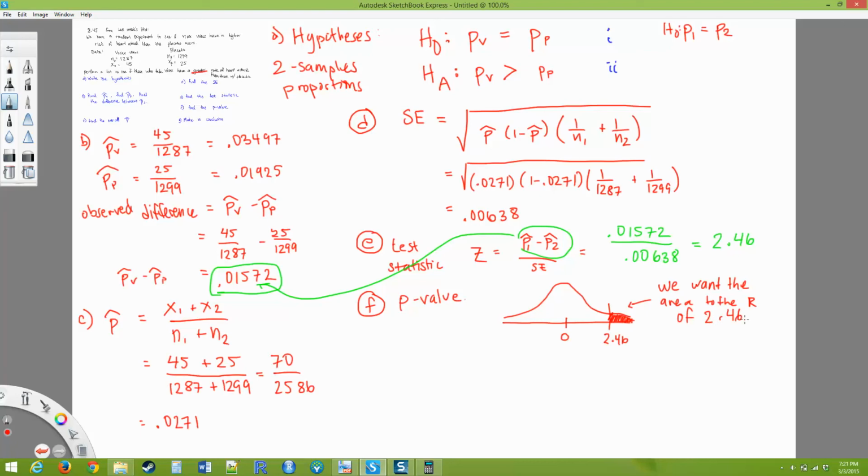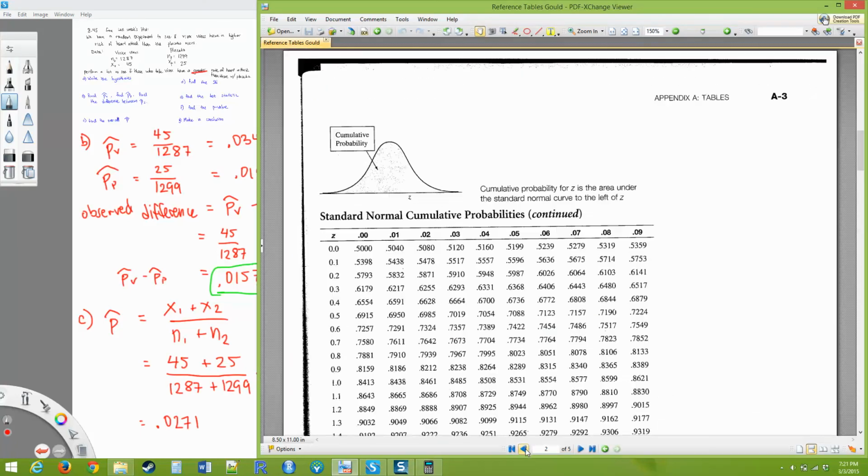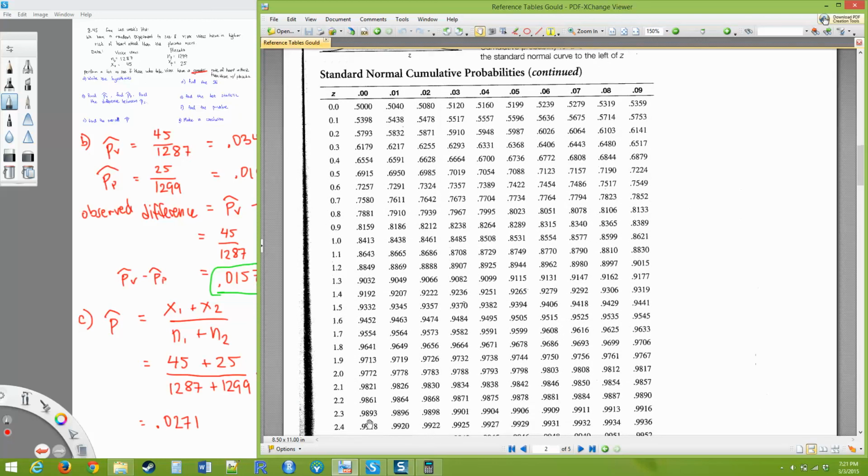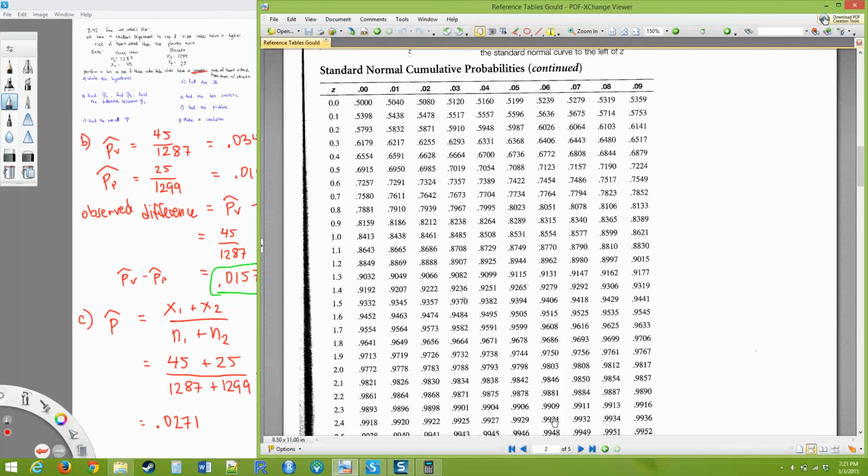And so for that, I go to my Z table, and I'm going to look up 2.46, and the number I find is 0.9931 right here.